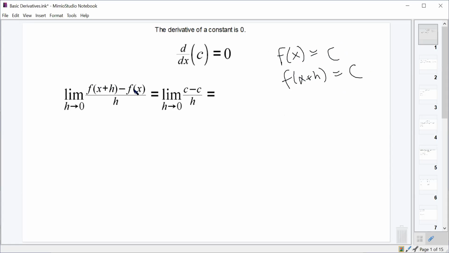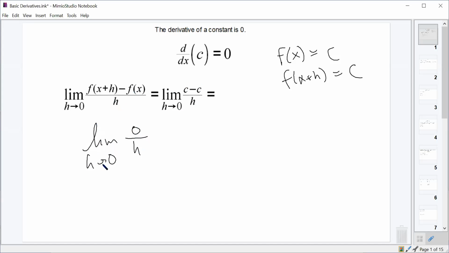So f of x plus h minus f of x over h gives us c minus c over h, which is the limit as h approaches 0 of 0 over h, which is still indeterminate if I try to plug in the 0 for h. But 0 divided by anything is always 0, unless you're dividing by 0.